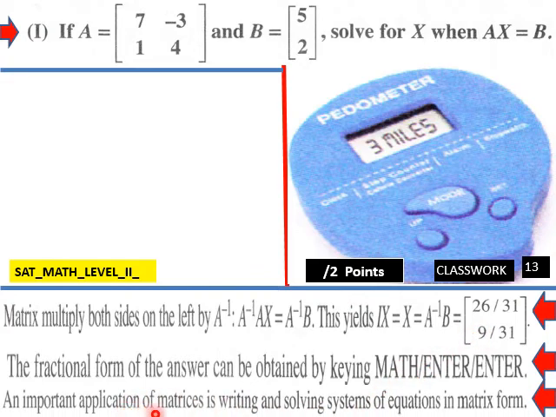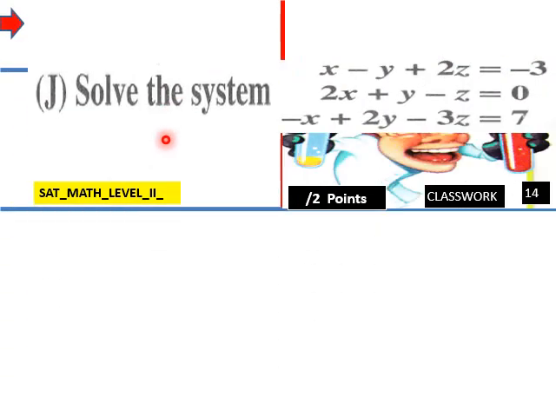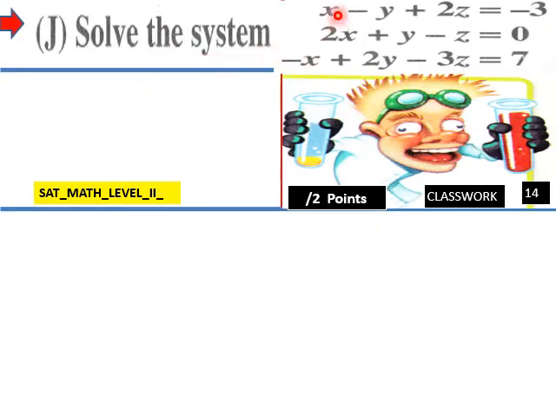An important application of matrices is writing and solving systems of equations in matrix form. So now we're going to move into a system of equations. Solve the system.